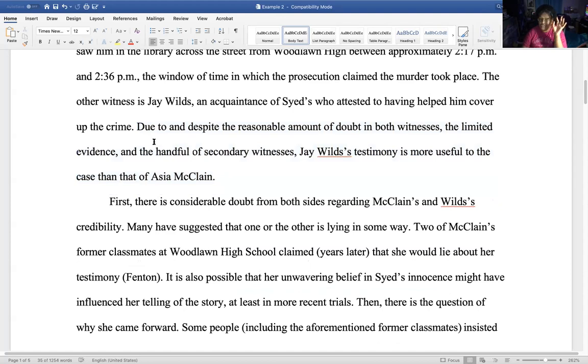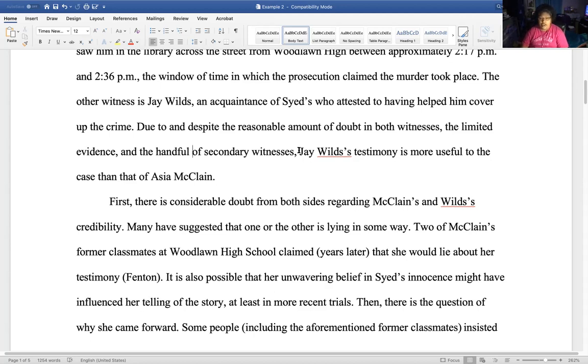And she says, "Due to and despite the reasonable amount of doubt in both witnesses, the limited evidence, and the handful of secondary witnesses, Jay Wilds's testimony is more useful to the case than that of Asia McClain." Okay, so it does all the things that the thesis is supposed to do.